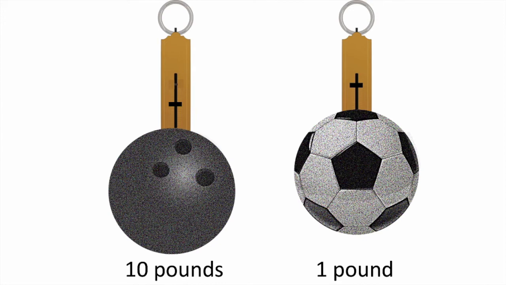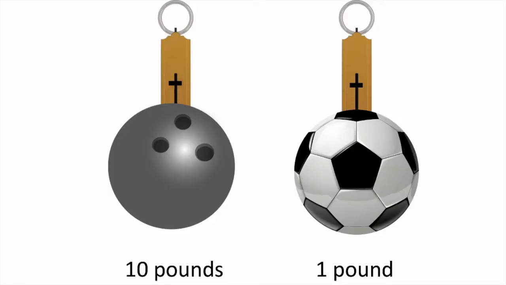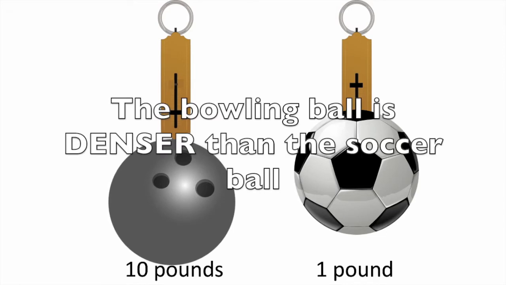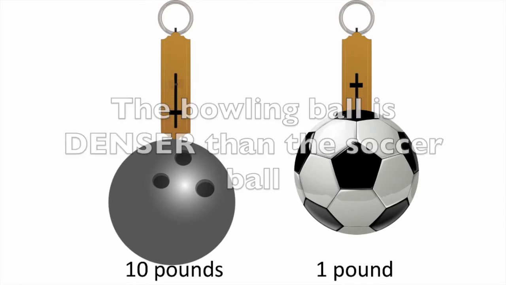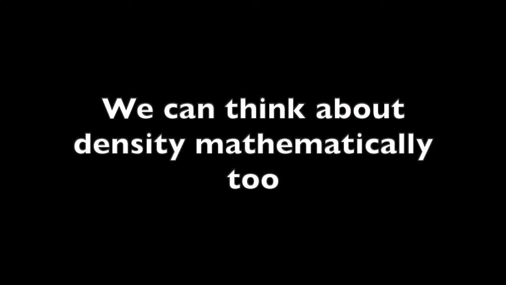And since there's more matter in the bowling ball, its mass is greater than the mass of the soccer ball. And because the larger the mass, the higher the weight, the bowling ball, which has more mass, is heavier than the soccer ball. The bowling ball is denser than the soccer ball because there is more matter in the same amount of space. We can think about density mathematically too.